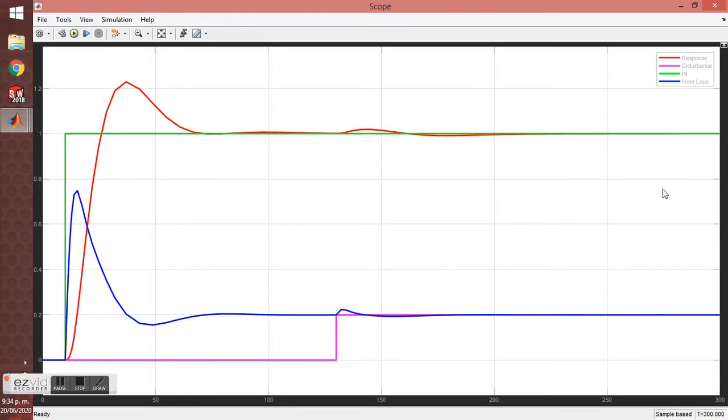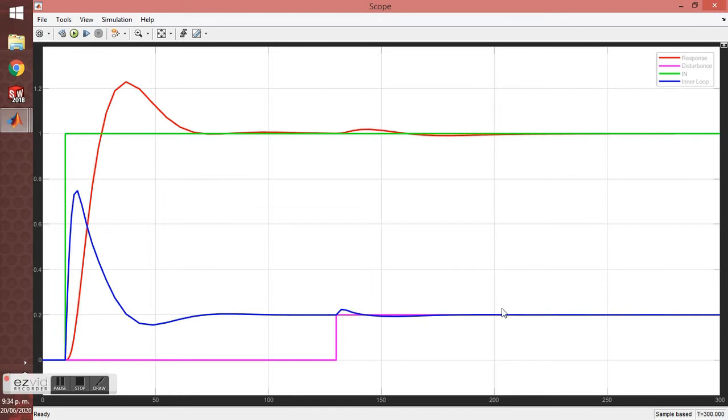The response to a step input for cascade control and a disturbance of 20% is shown in this figure. We have the response in color red, the disturbance in purple, the step that we have introduced to our system in color green, and the inner loop, that is the first loop of our control that I have already explained, in color blue.